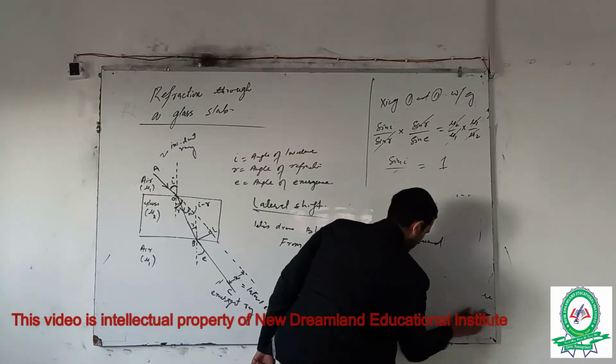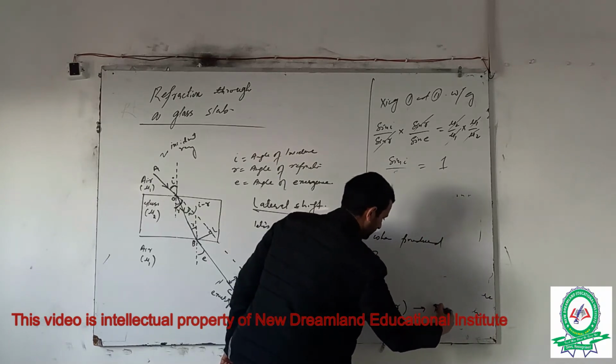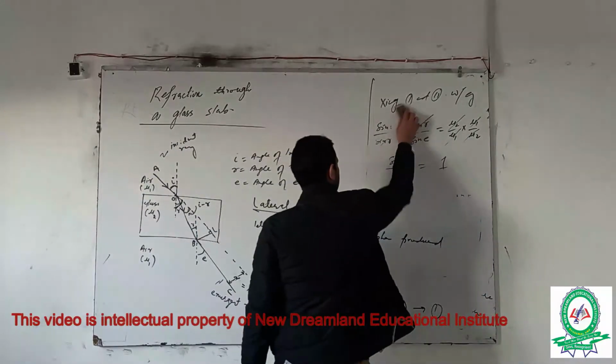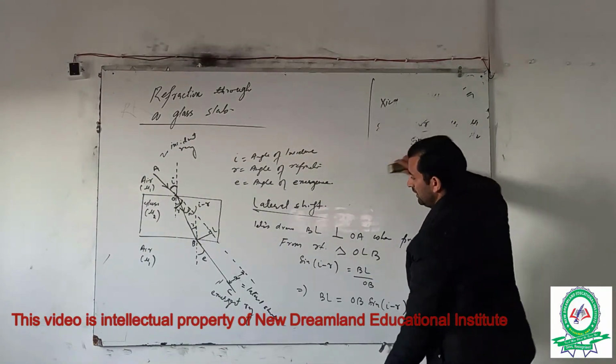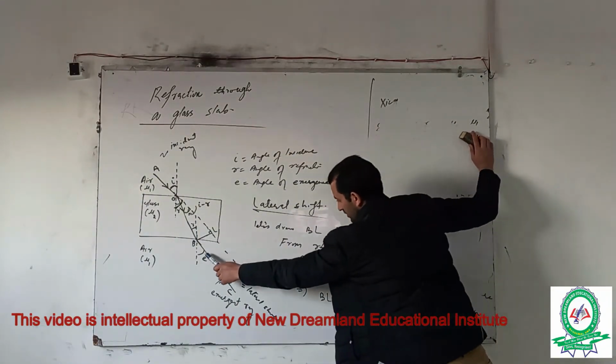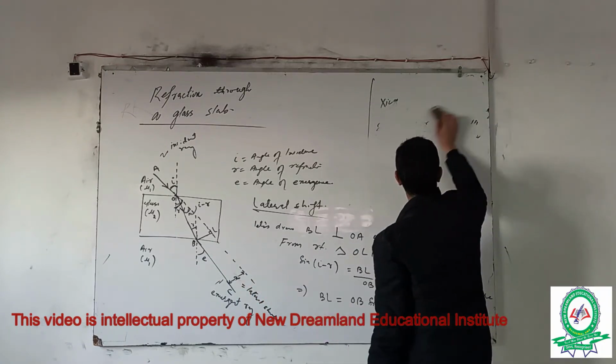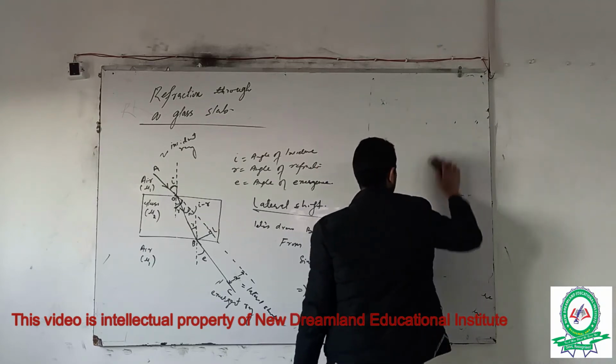Let's read this equation first. BL is the perpendicular distance between the direction of the incident ray and the direction of the emergent ray. और इसी perpendicular distance BL को ना lateral shift बोलते हैं, इसी को हमें calculate करना है.